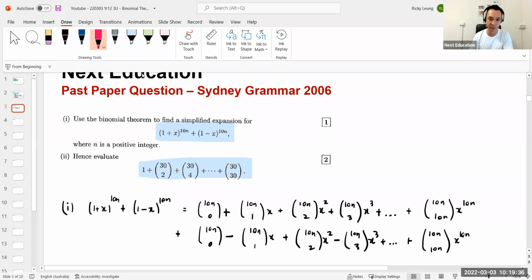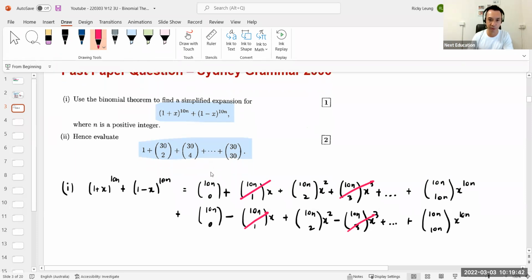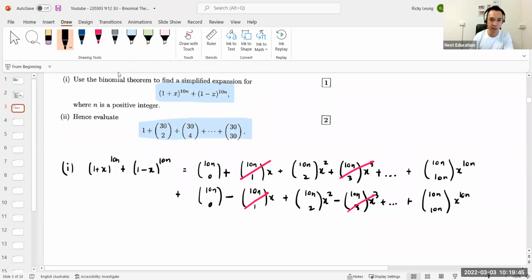Now, the importance there is when I add this, the odd numbers go away and all the evens double up, just like before. So I know then this expression will be 2 times all the evens, which includes the last term. Also, at this point, they haven't subbed in anything for x yet.